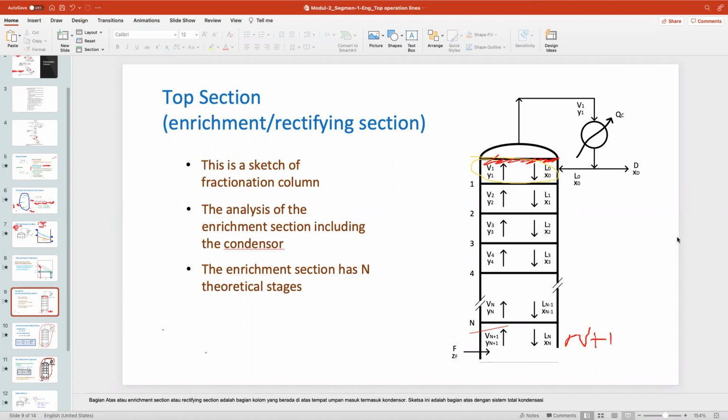So, Alisa, are you there? Yes, ma'am. Okay, Alisa, do you know which tray it is when the feed goes into the distillation column? I think this one, ma'am. Yes, this one. That's right. Your green thing there.